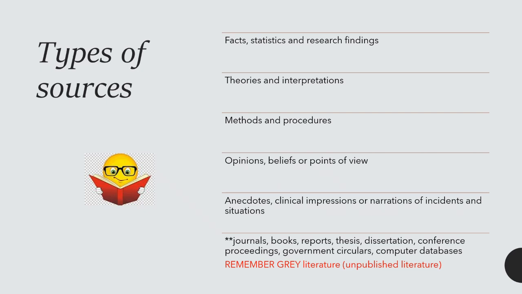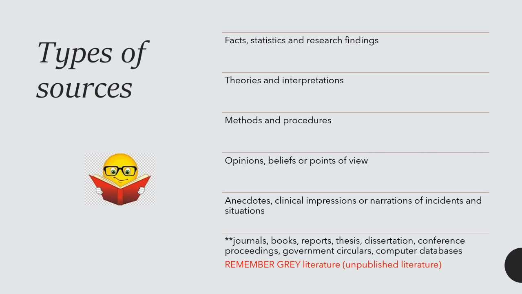Especially if it's something new, like bringing in what the last elections showed. There might not be articles on it yet, but there are many opinions and points of view that you can maybe find online, in blogs, in newspapers.